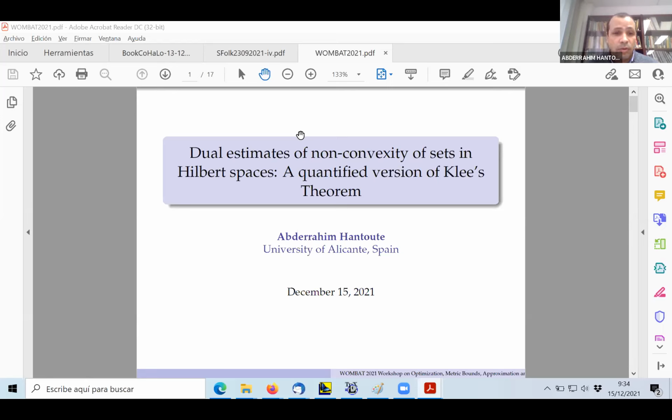The title of the talk is technical, but it is so simple: dual estimates of non-convexity of sets in Hilbert spaces, a quantified version of Klee's theorem. Actually, this is ongoing work with Aris Danilidis and Claudia Soto. Claudia Soto is from Universidad de Chile.